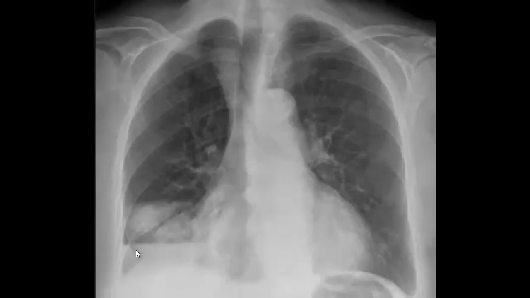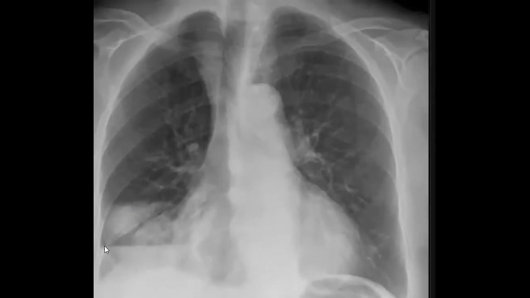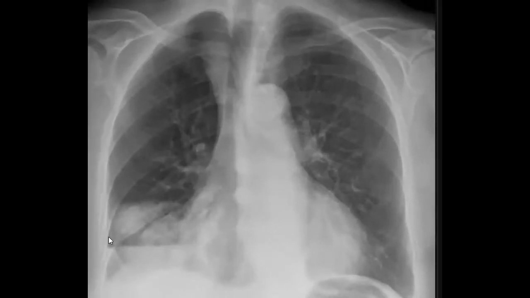There is effusion here, and there is right lung opacity in the lower zone, and if you look closely you can note that there is some air here and a fluid level on this side.